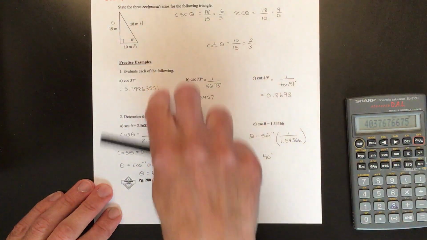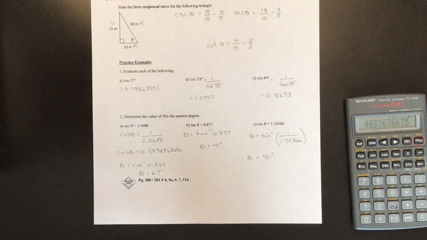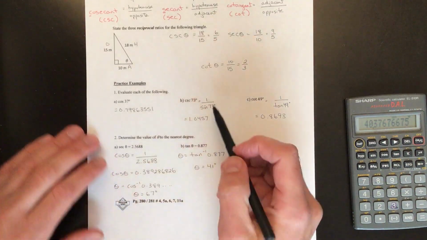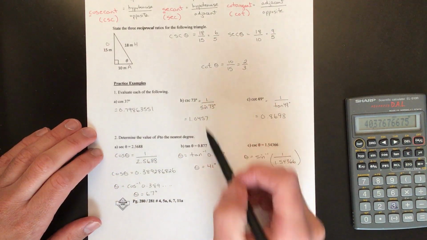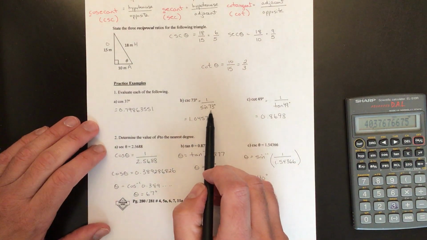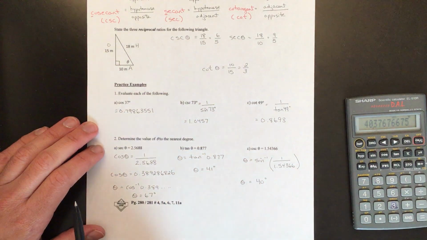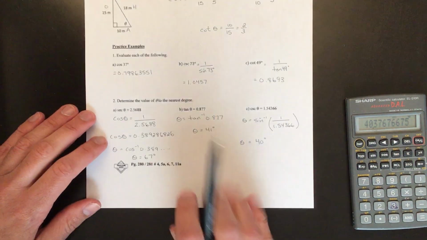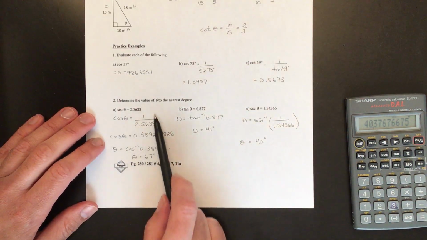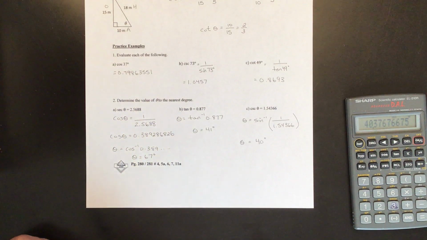So for these last basically 2 questions here, when you're looking at reciprocals, right, you put it under 1 and then you evaluate. So if it's an angle, you do 1 over, or the reciprocal of the angle. And if it's a decimal, then just the reciprocal of the decimal.